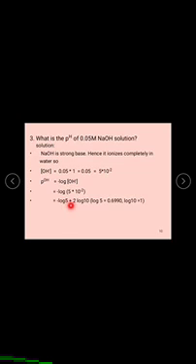Here it is log m power n, that is 2 log 10. So minus log 5 plus 2 log 10 is equal to... log 5 value is 0.6990, plus 2 into 1, which gives 1.301.